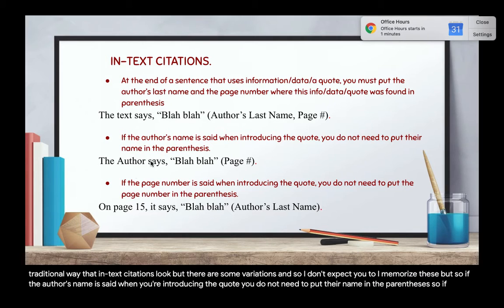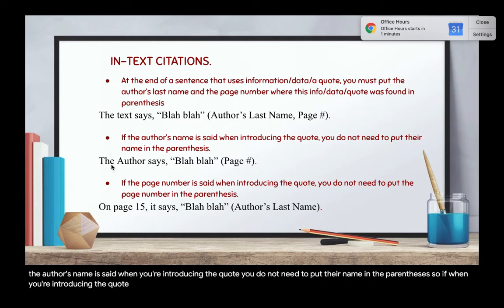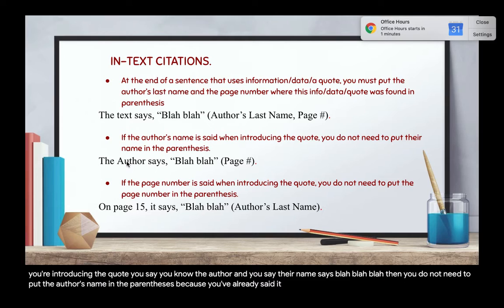So if, when you're introducing the quote, you say the author's name says blah, blah, blah, then you do not need to put the author's name in the parentheses because you've already said it.